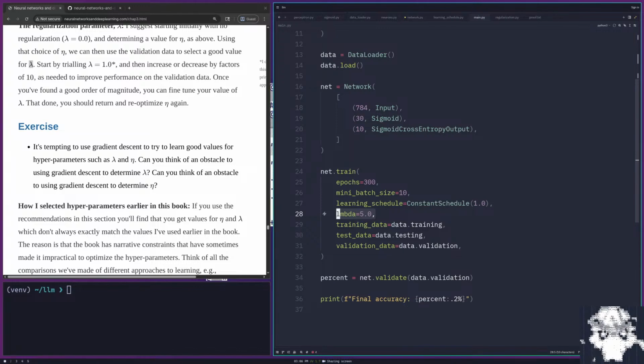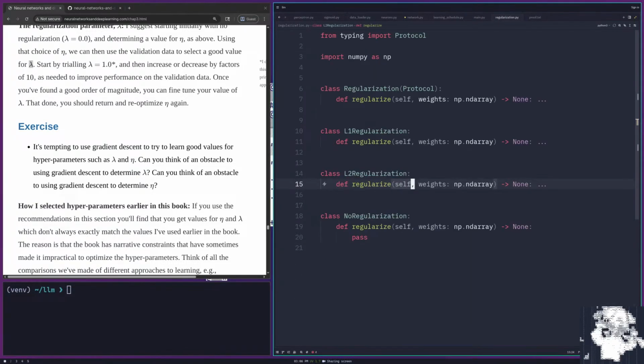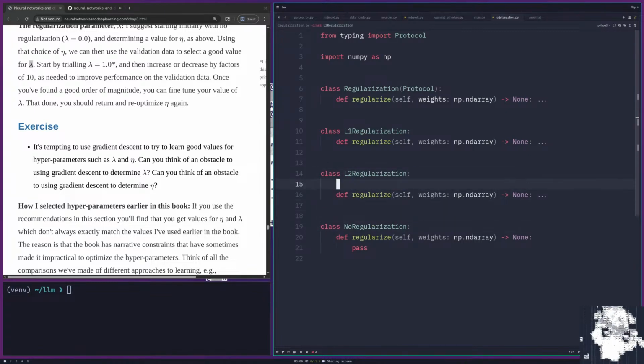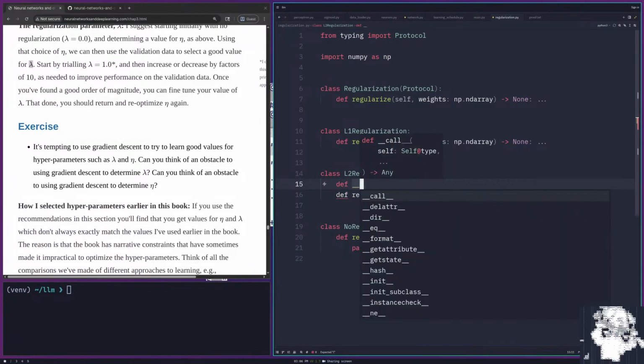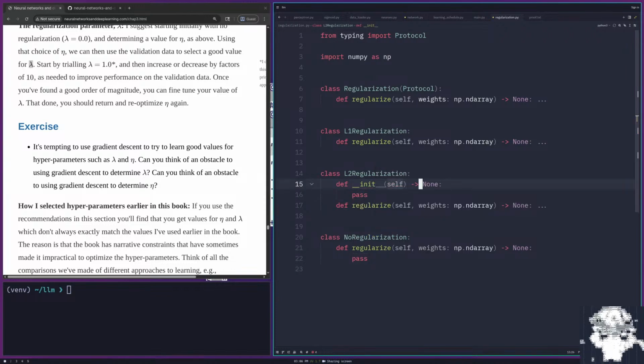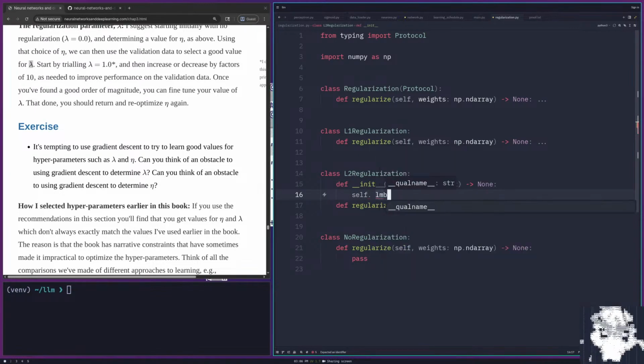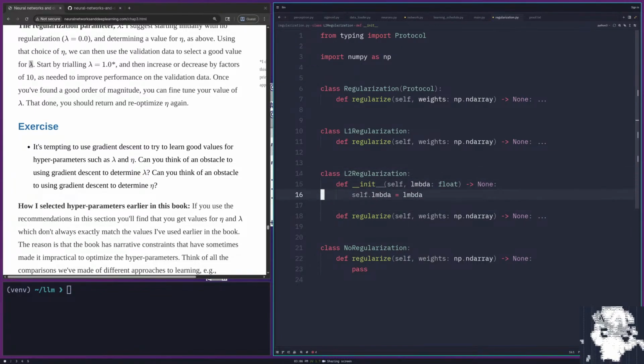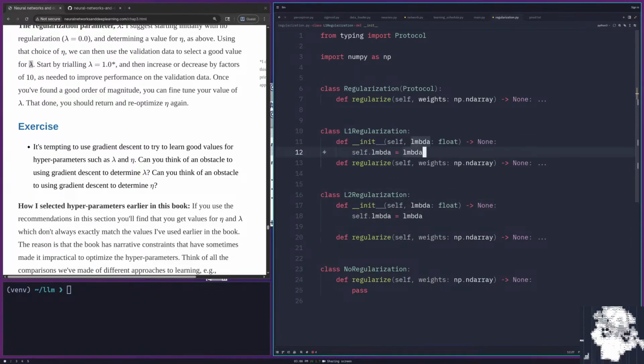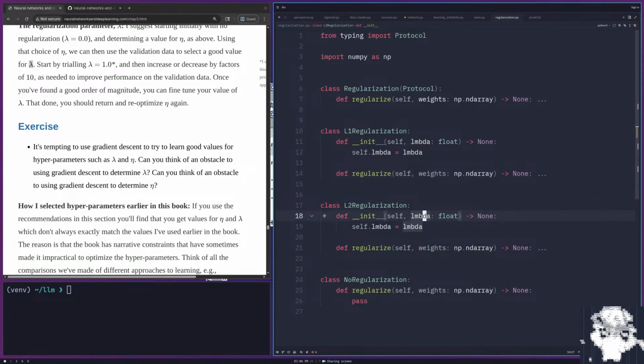Oh, okay, I also want these to take a lambda. Lambda is a float. self.lambda equals lambda. L1 and L2 both need a lambda. No regularization doesn't.